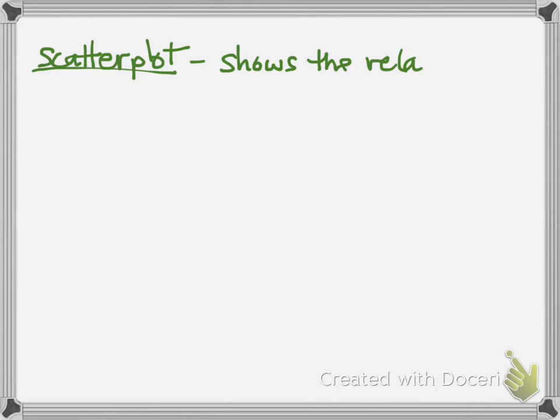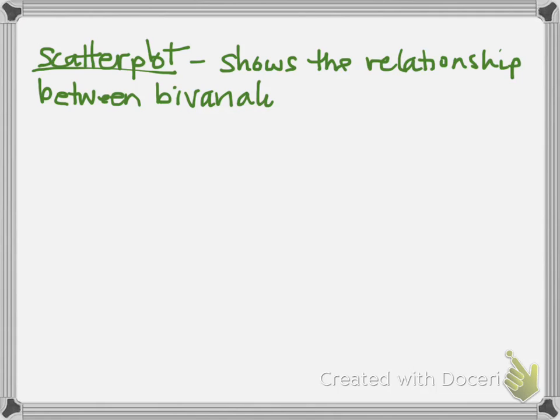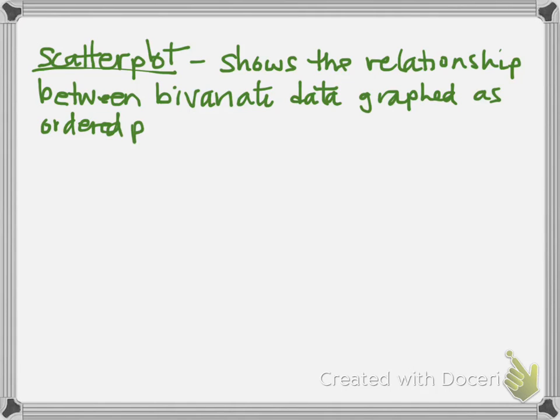Okay, so then let's define a scatterplot. So a scatter plot shows the relationship between bivariate data, graphed as ordered pairs on a coordinate plane.